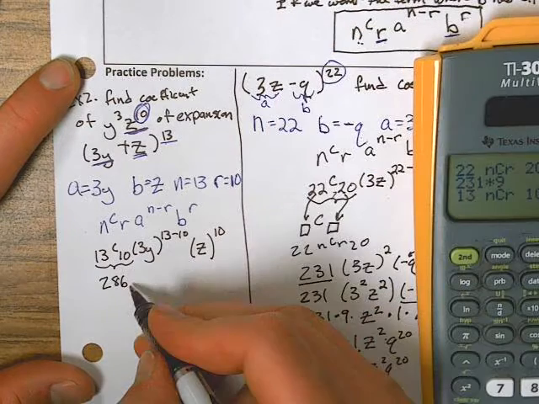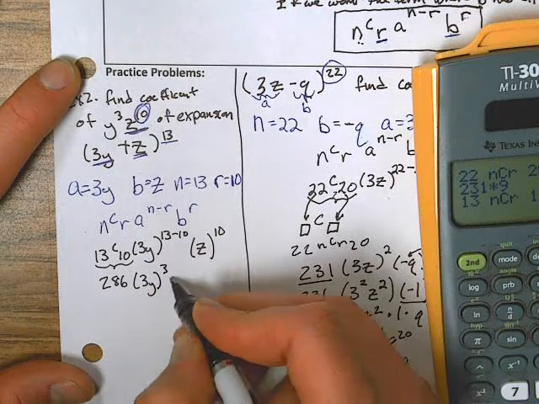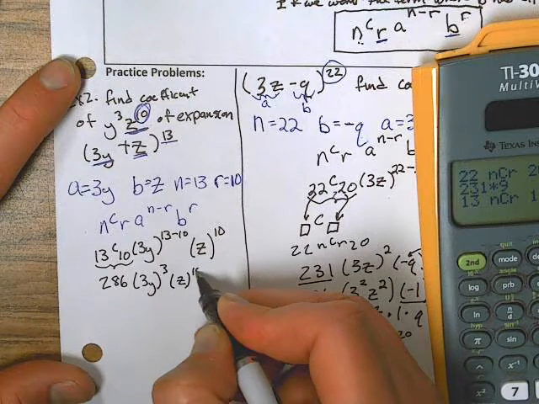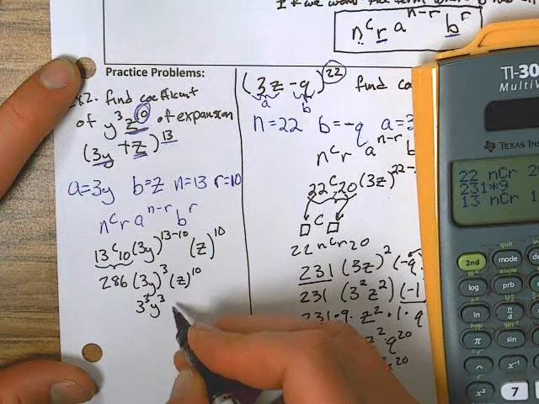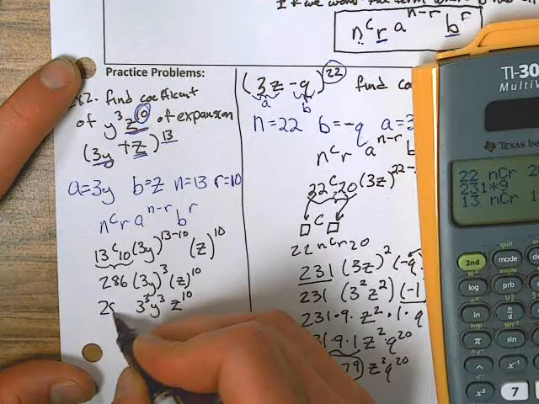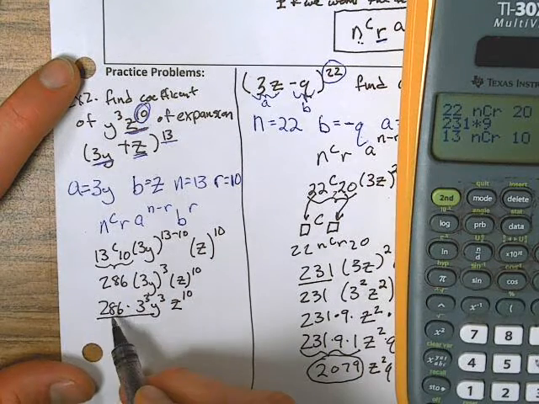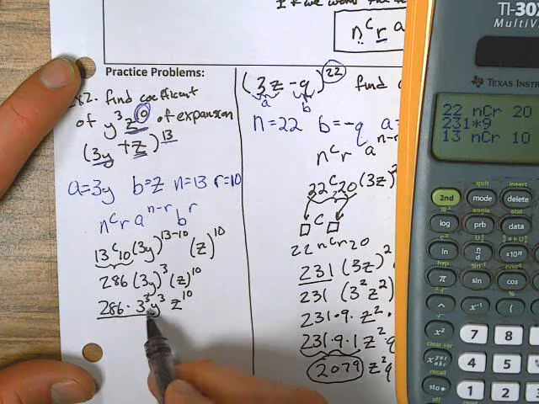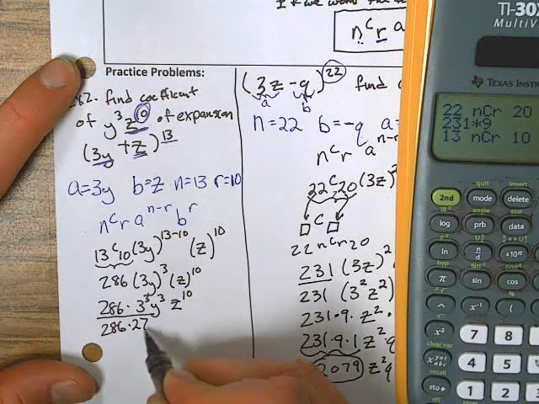So this becomes 286. Then it would be 3y, 13 minus 10 is 3, and then I have a z to the 10th. So I have to do 3 to the third, y to the third there. Here it's just z to the 10th, and I have a 286 times that. So it looks like the only other numbers to multiply would be the 286 times my 3 to the third, which is 286 times, I think that's 27.